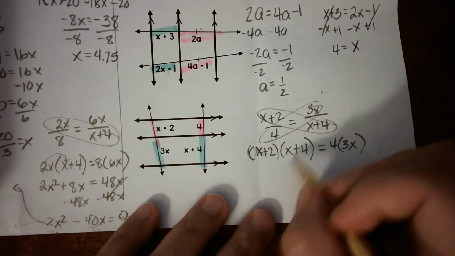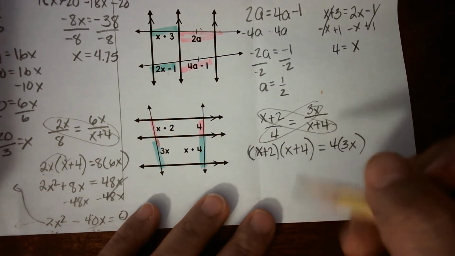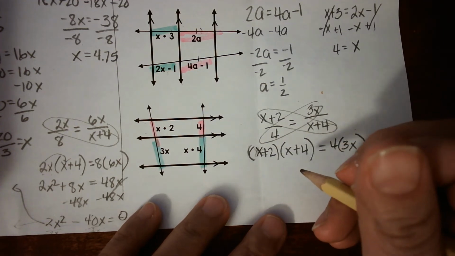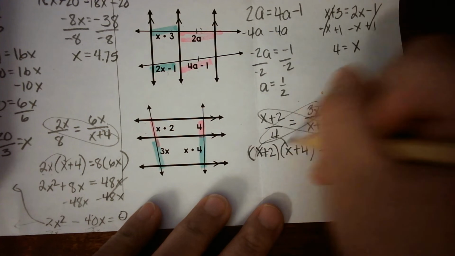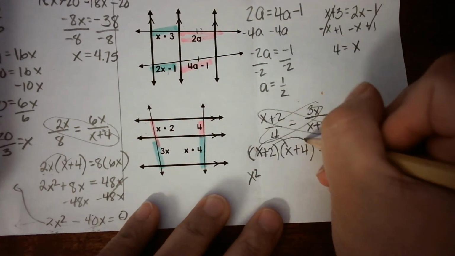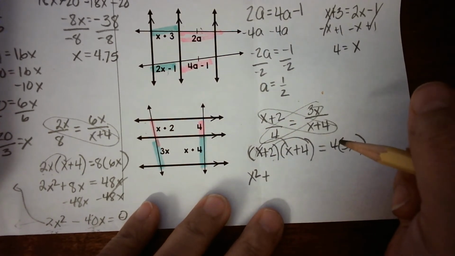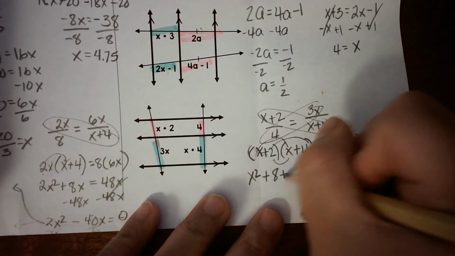Alright, I'm not sure which method you were taught. I'm going to assume that you were taught FOIL, the most common method of teaching how to multiply binomials. First, x squared. Outer, 2 times 4 is 8. Then you had a nose, plus 2x.